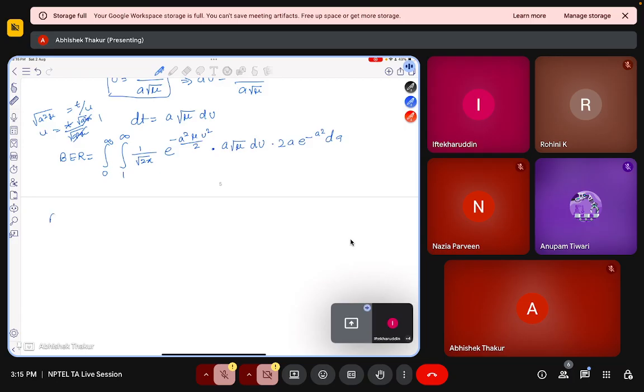So this is a little complex integration, which you can do by yourself. Now we will take out this constant term square root of mu, integral 0 to infinity, 1 to infinity.